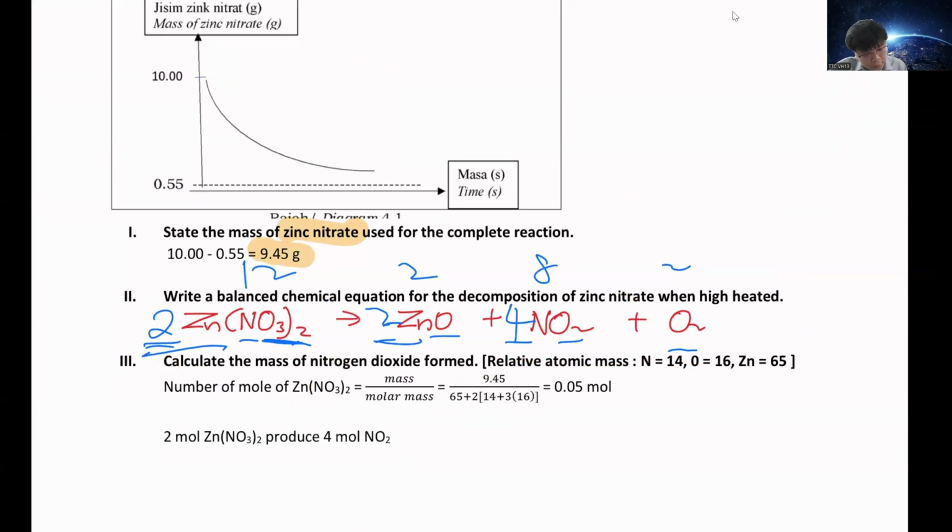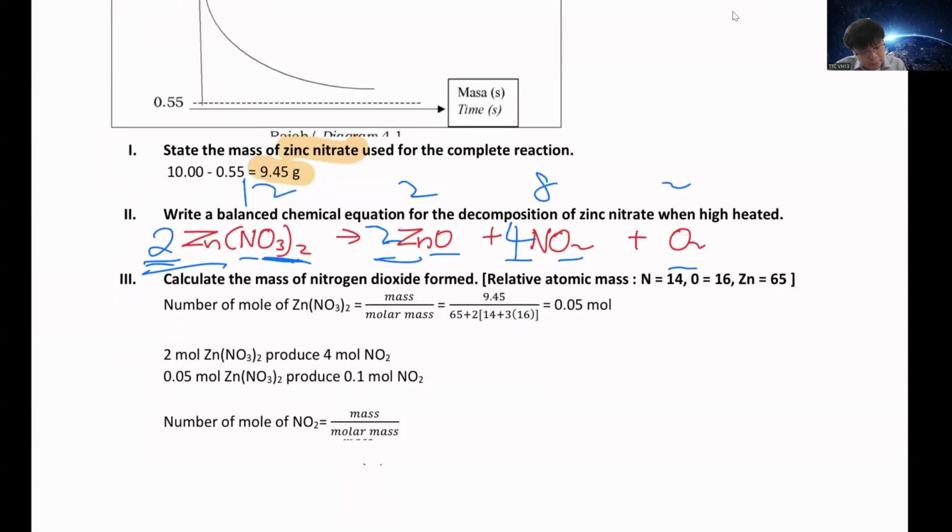So you write down the equation: 2 mole produces 4 mole. So now I got 0.05 times 2, divide by 2, times 4. You get this number. Okay, then you'll get 0.1, and convert it into mass: 0.1 times this number equals mass 4.6.